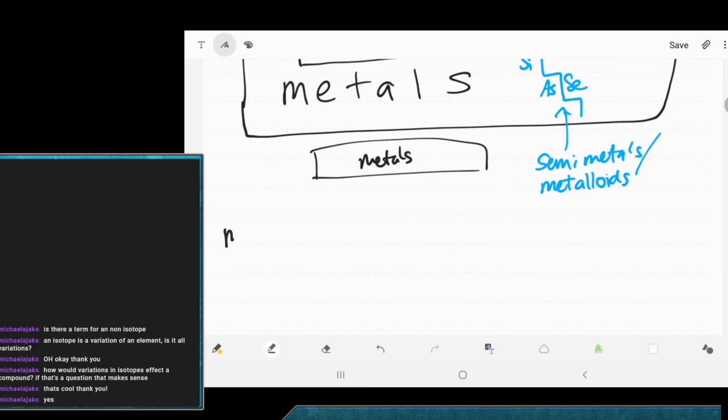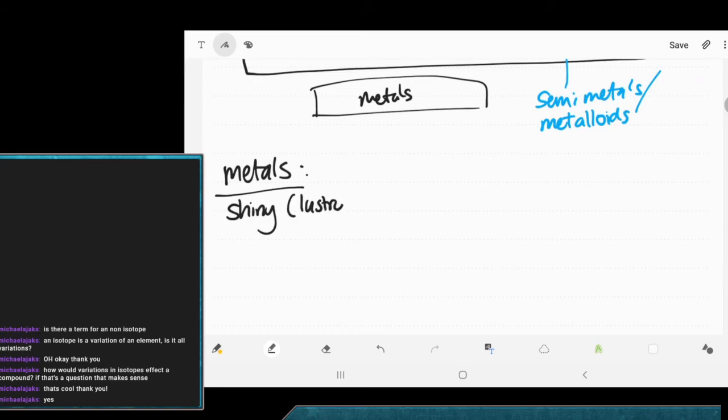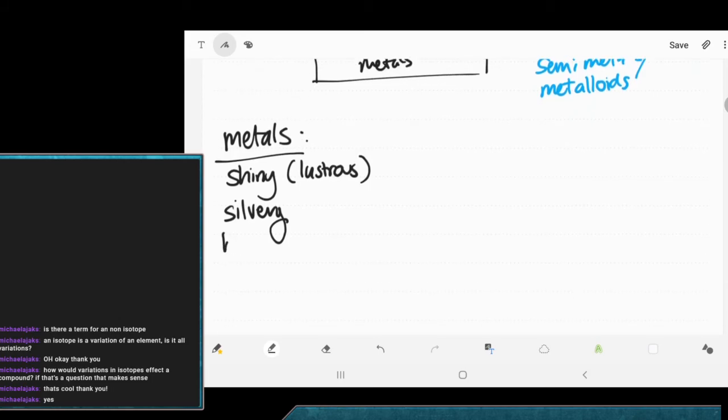Alright, metals, though, you can talk about. We know some things about metals. They are shiny, which we call lustrous. They are generally silvery, color-wise speaking. They are hard.